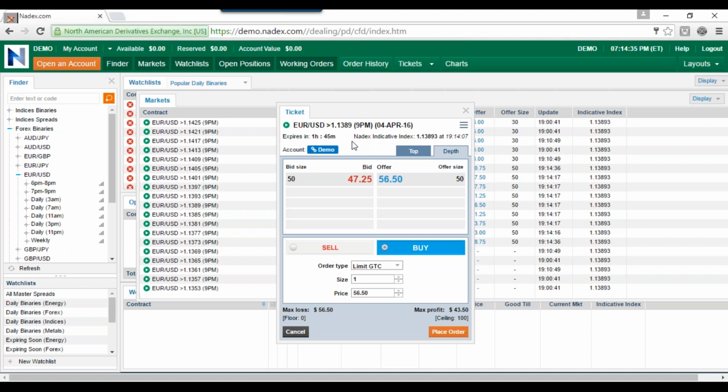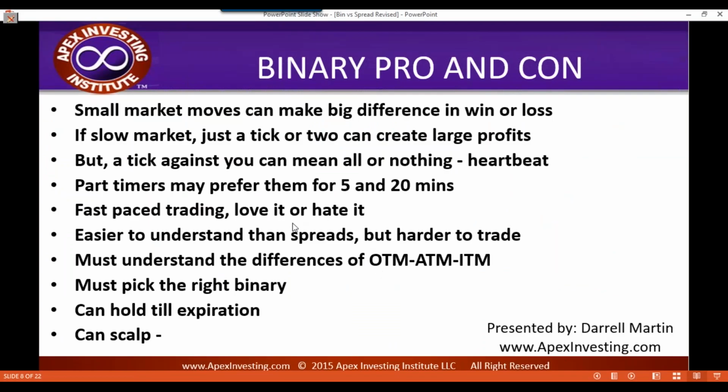But with a binary contract, it's just a few pips one way or the other that makes all the difference. So even in a slower moving market, you could have a great risk to reward ratio because you're not looking for a whole lot of move. Small market moves can make a big difference in your win or loss. If it's a slow market, just a tick or two can create a pretty large profit and good risk to reward ratio.